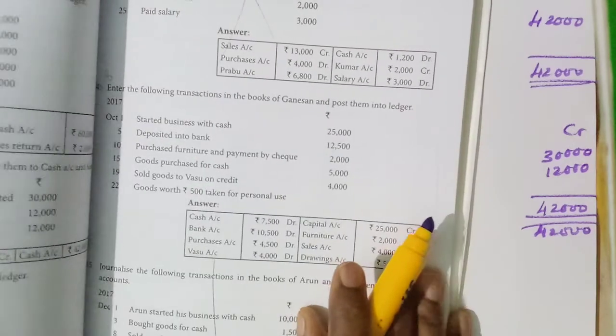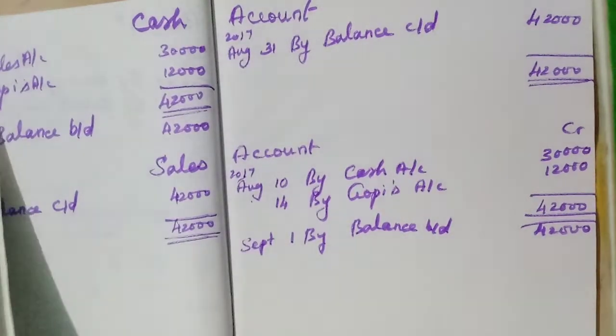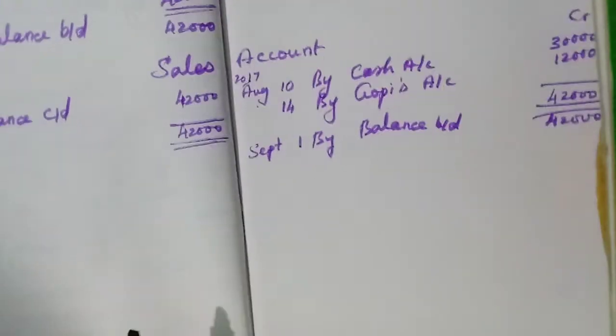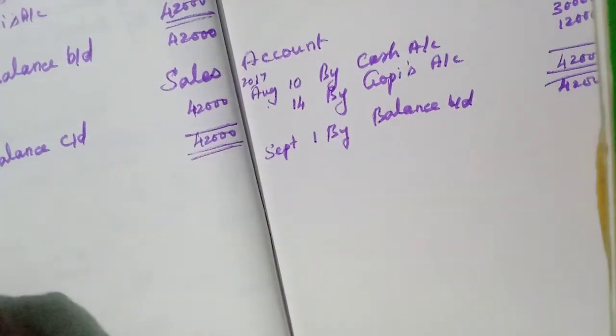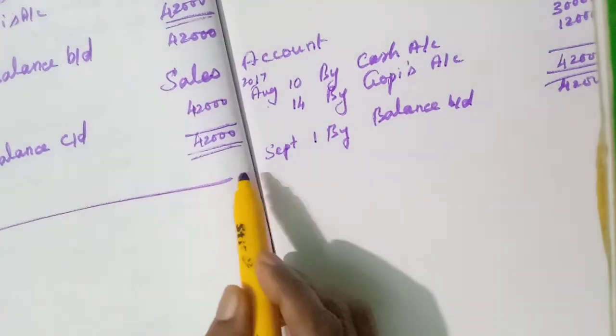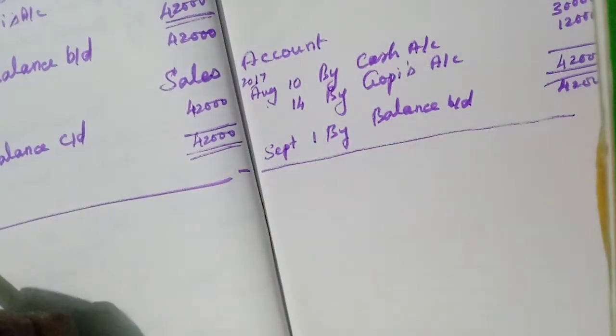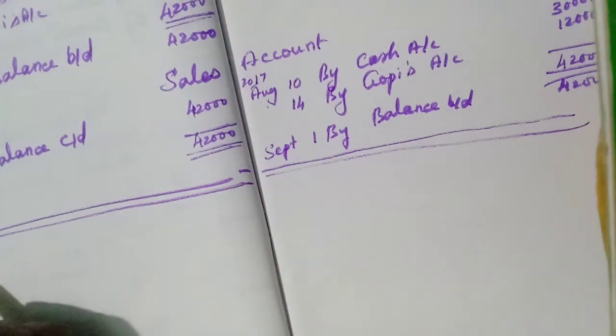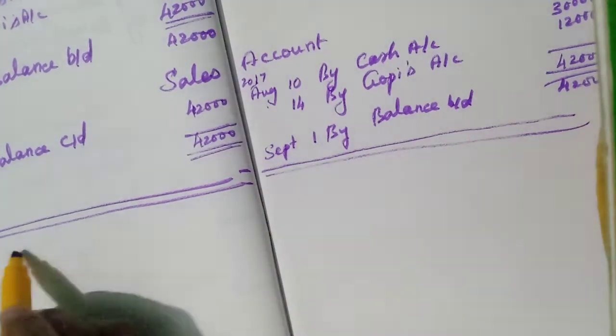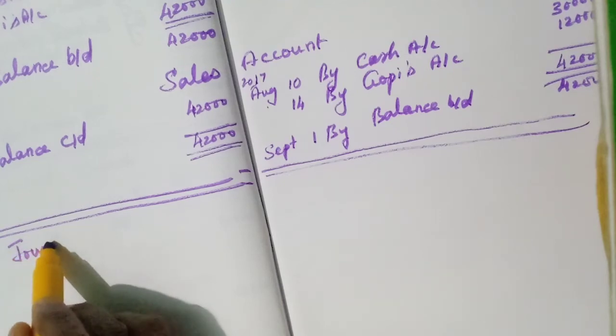So first we need to prepare the journal entries. It is a very big problem. Around 6 transactions, then all the accounts we need to prepare. First write the number, then journal entries.